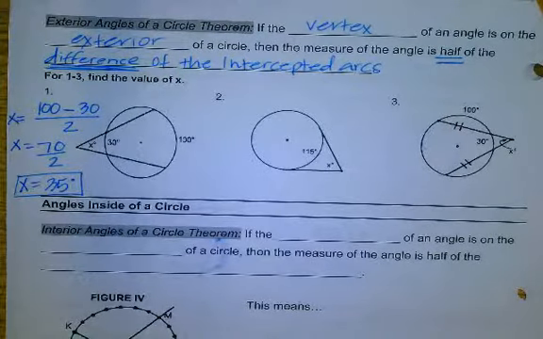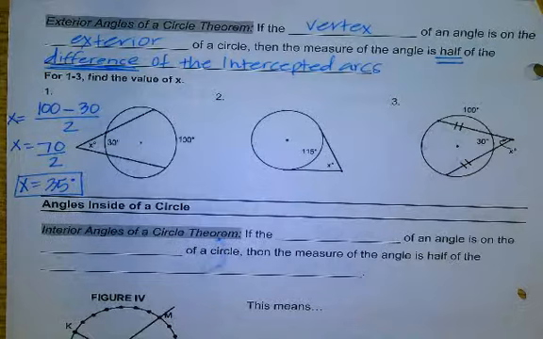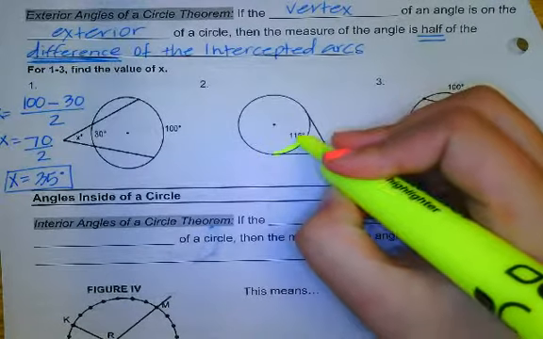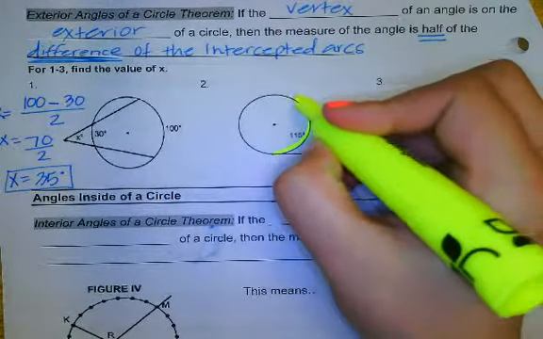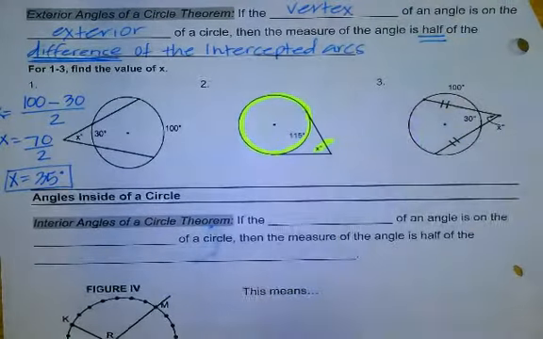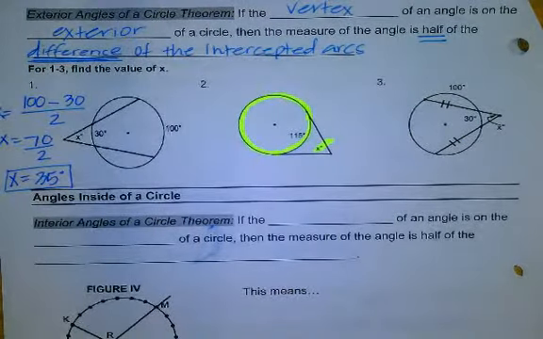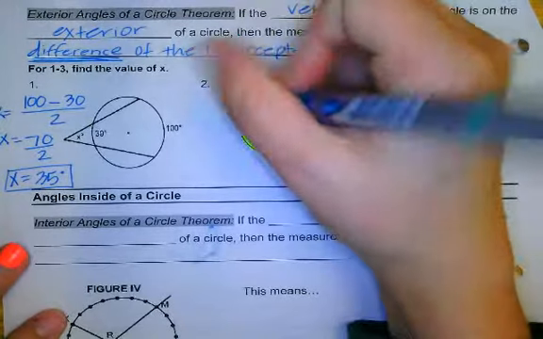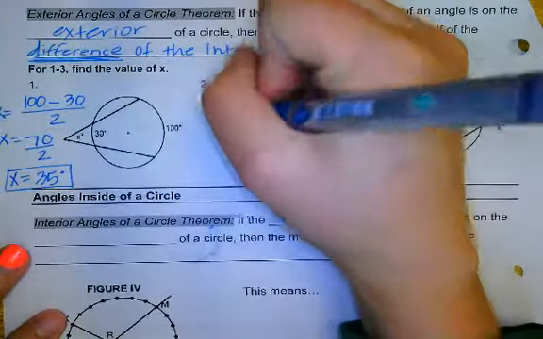Okay, for number 2, my two intercepted arcs, I have 115 degrees. I have this other intercepted arc, and then I have x. How do I know the measure of my other arc? 360 minus 115, so that makes that larger arc what? 245.